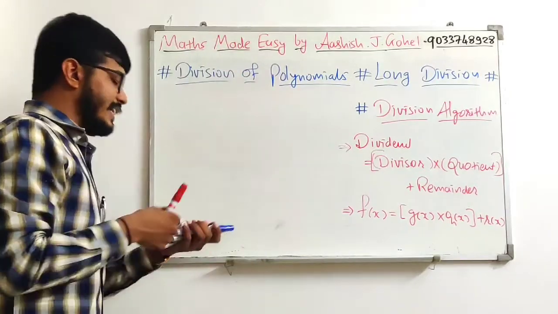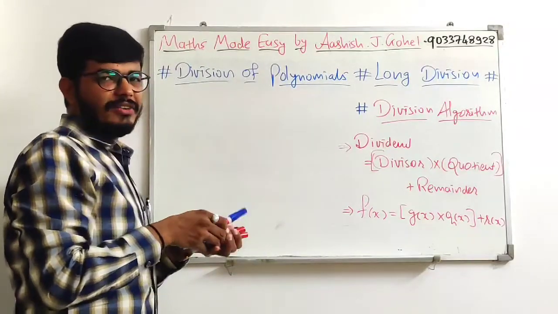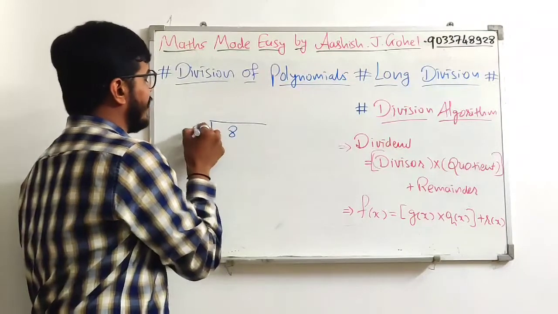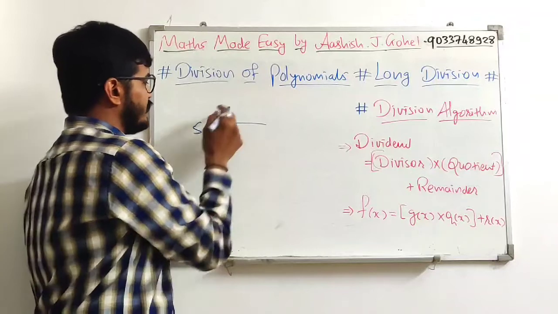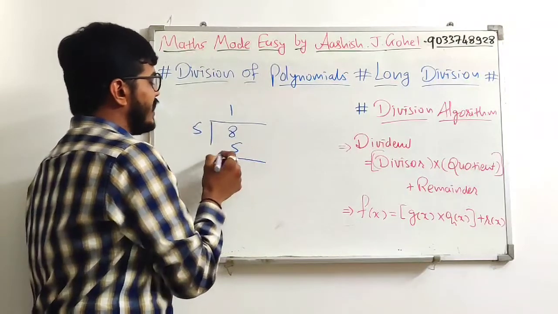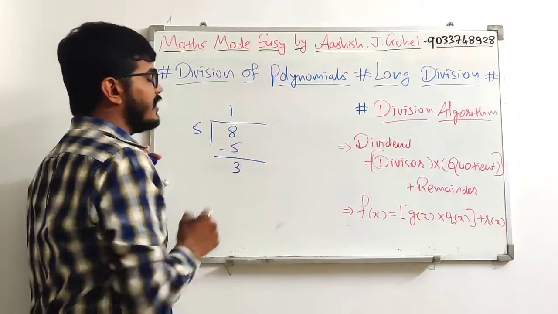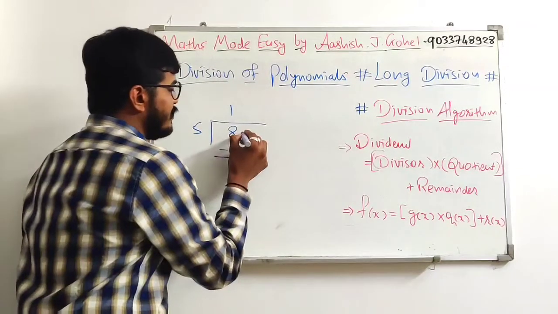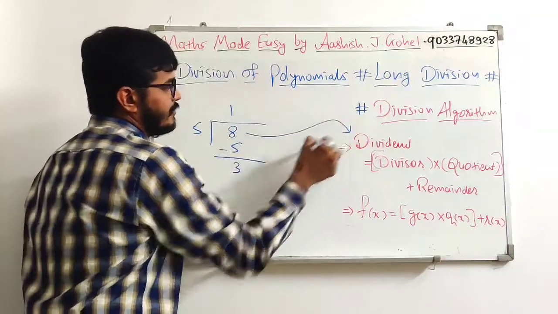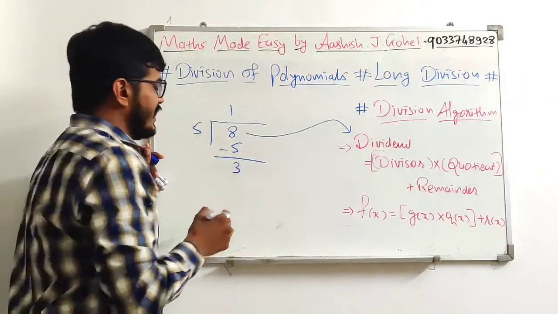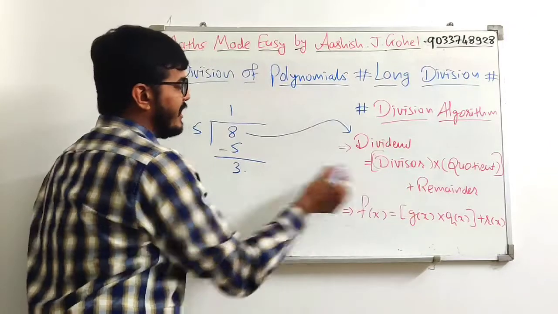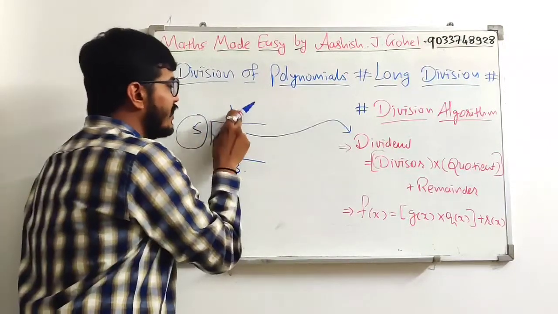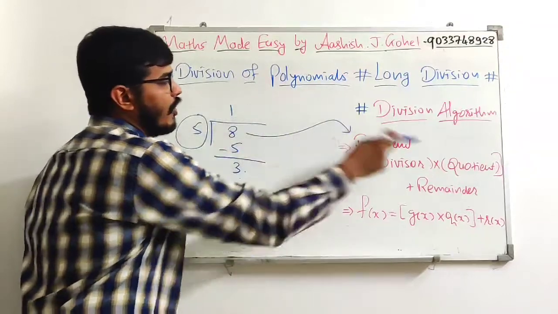Now, division is the process that we do like this. If you are given 8 divided by 5, we write it like this: 5, 1, 5, then we subtract and the remainder will be 3. So note down that this term is said to be the dividend, this term is the remainder and this term is the divisor, and whatever you get here is your quotient.